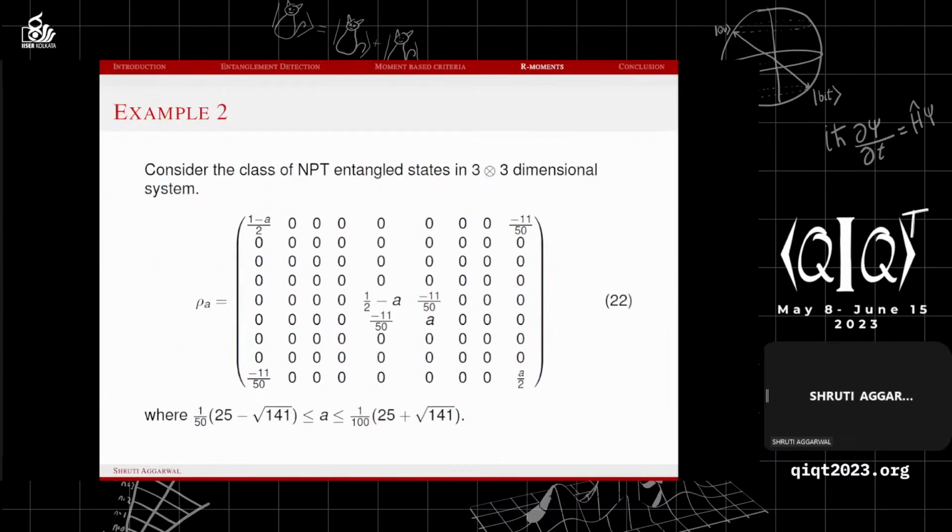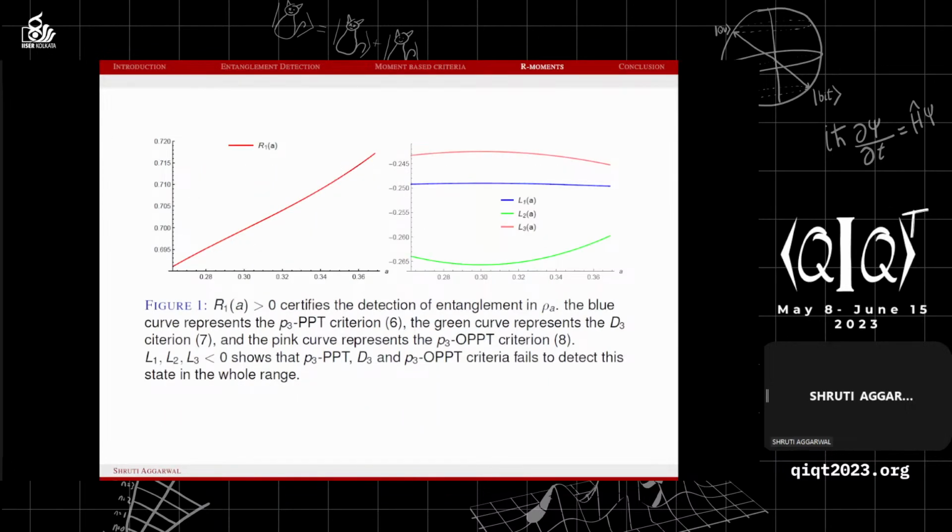Next is a 3x3 NPT entangled state with state parameter a. Here we find that all the criteria, the P3 PPT criteria given by Albin, the D3 criteria given by Navin, and the P3 OPPT criteria, L1, L2, and L3 represent those three criteria, cannot detect the state in the whole range, since these inequalities are not violated, these are less than 0.